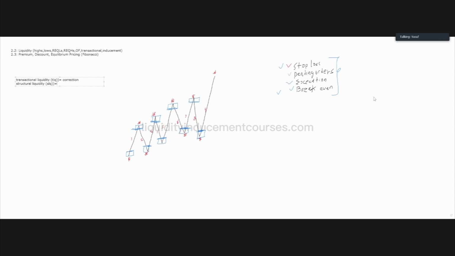And this is the liquidity for continuation, popularly known in the community as the last high before the main high, or last low before the main low. You must have seen that in the community, haven't you, everybody? And you'll be like, oh, what does that guy mean? Now you know.